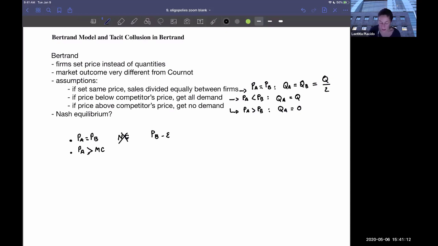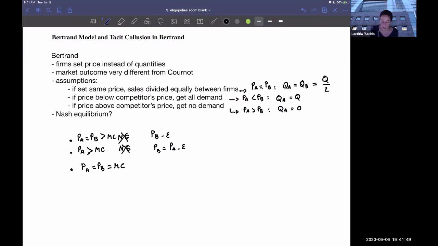If I set a price PA above marginal cost, then firm B is going to set a price PB equals PA minus epsilon and gets all the demand. So the only equilibrium that is stable here is where PA equals PB equals marginal cost.